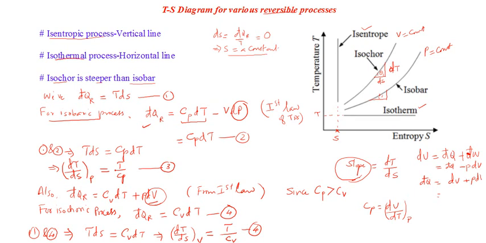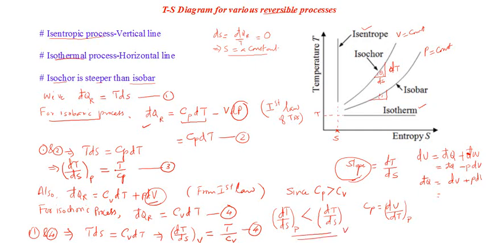So I can say that dt over ds for P should be less than dt over ds for V. And is this not what we stated earlier?